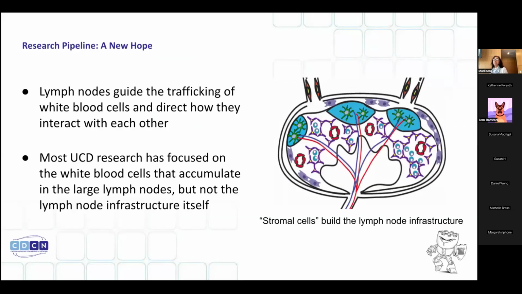All right. So what's in the research pipeline? We now know that there's a trafficking of white blood cells in and out of our lymph nodes, okay? And that directs how they interact with each other. Now, lymph nodes are special collections of cells.